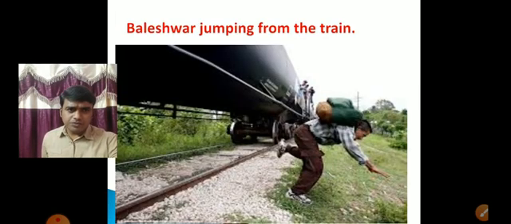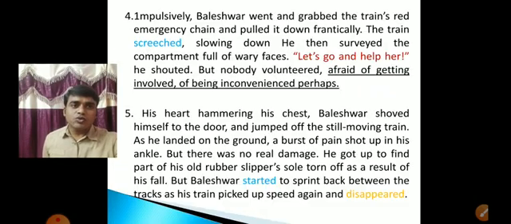Look at it here. See, Baleshwar jumped from the moving train. He pulled the emergency chain of that train, and he jumped from the still moving train, children. Got it? So why did he jump from the still moving train? In order to help the girl.